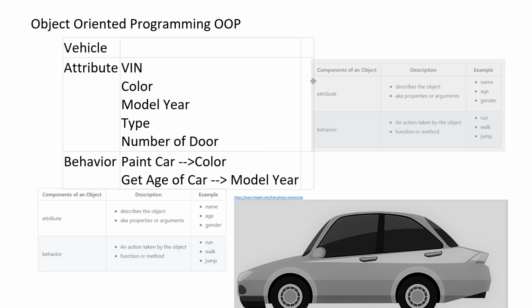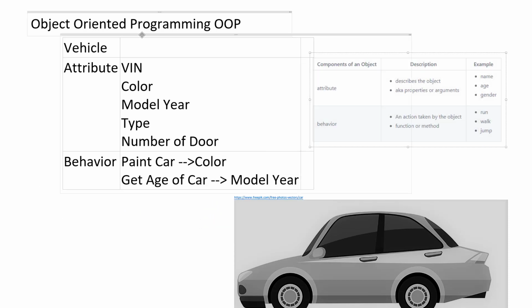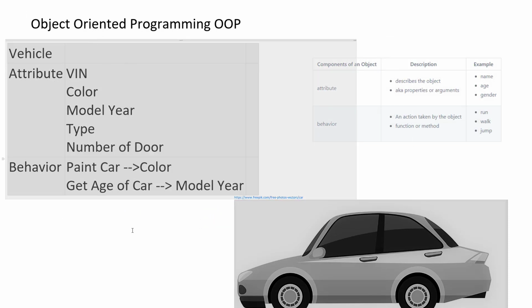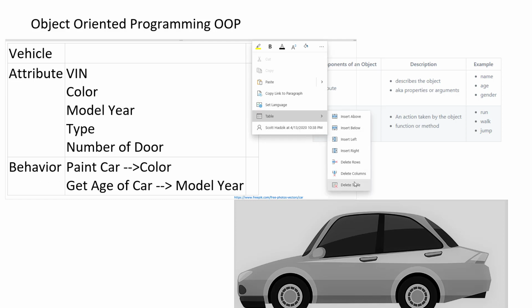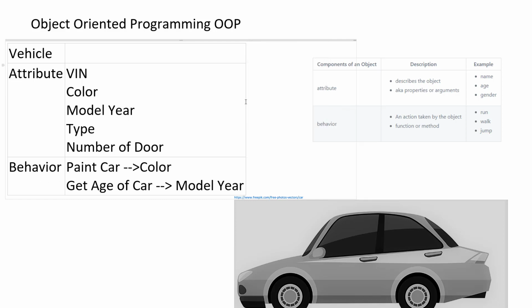All right, let's do some rearranging. There we go, we're getting somewhere. I know that's frustrating to watch someone make all those adjustments while you're watching a video. Sorry, one last thing, delete column. Okay.